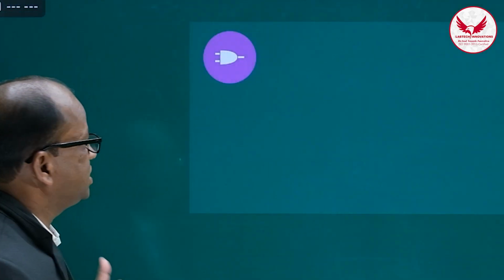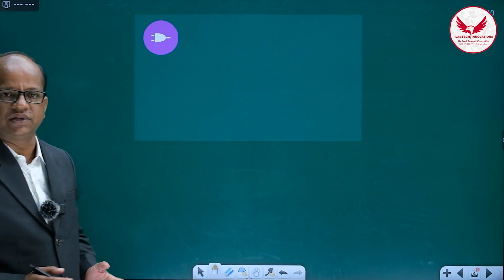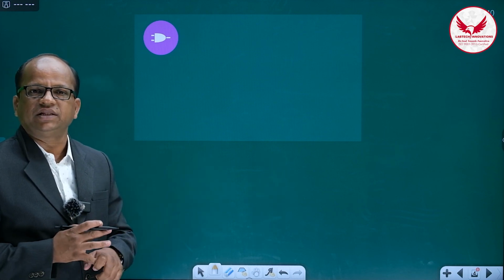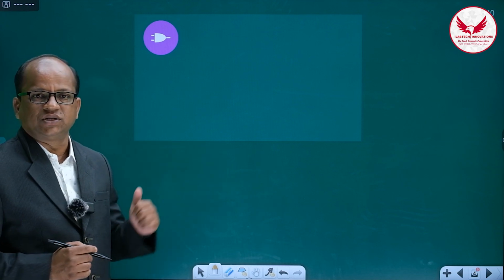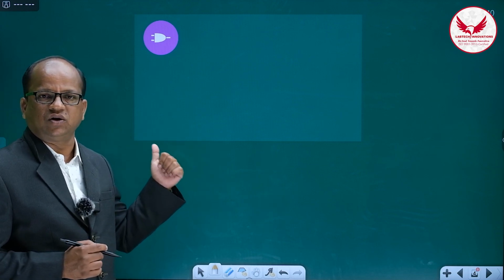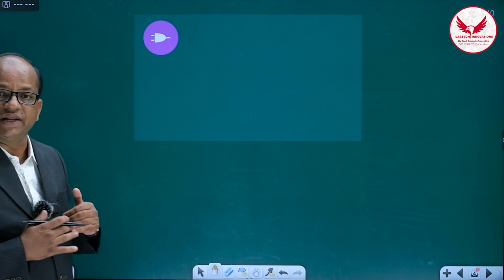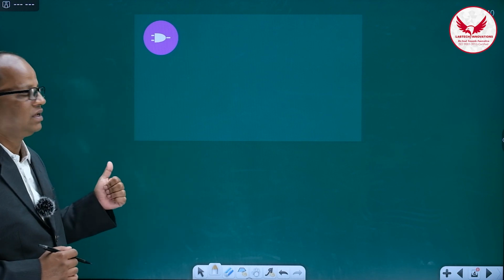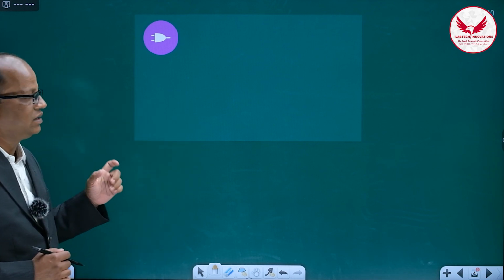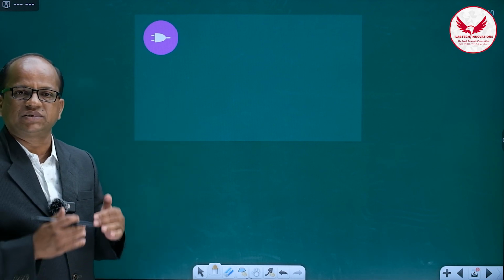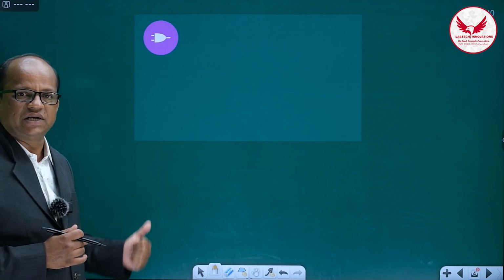So the first gate is the AND gate. In digital electronics, for any kind of circuit or design, three things are there. The first one is the logic symbol. This is the logical representation of the AND gate, and it is actually a series connection. The second thing is the truth table, that means how the particular gate works, its functionality.